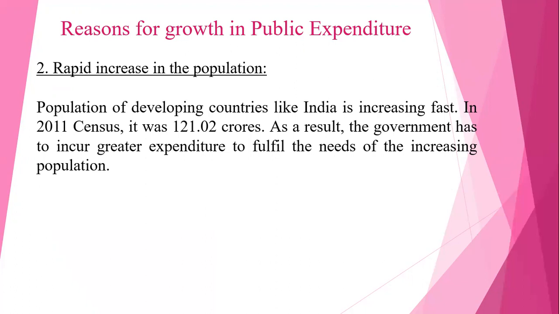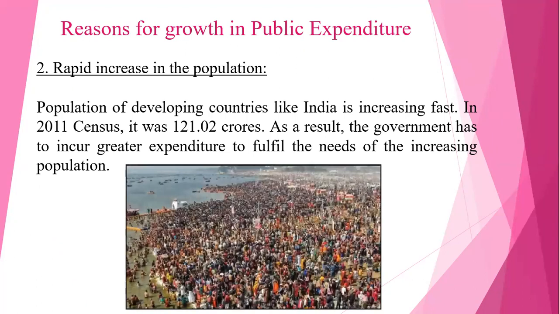A high growth of population naturally calls for an increase in public expenditure, as state functions are to be performed more extensively. Rising population also poses various problems in poor countries. The state will have the added responsibility of solving such problems as food, unemployment, housing, and sanitation.